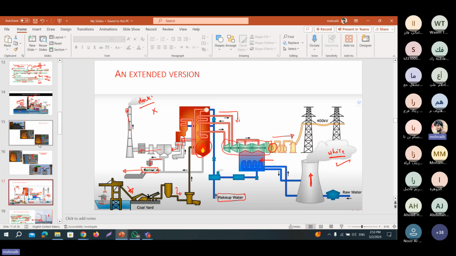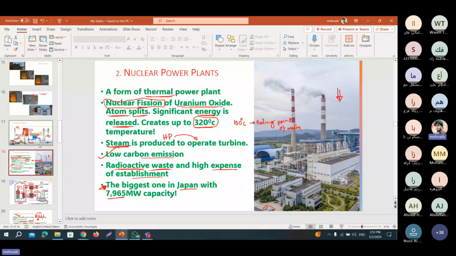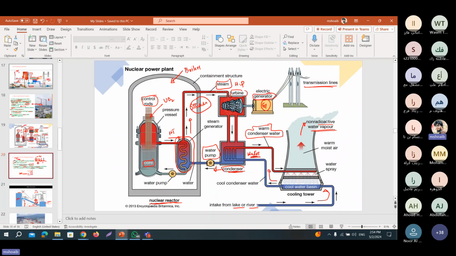Another way is using the nuclear reaction or nuclear fission. The same idea, but the way of generating the heat is different. This is more environment friendly, but it has risk of usage. I explained that in detail.